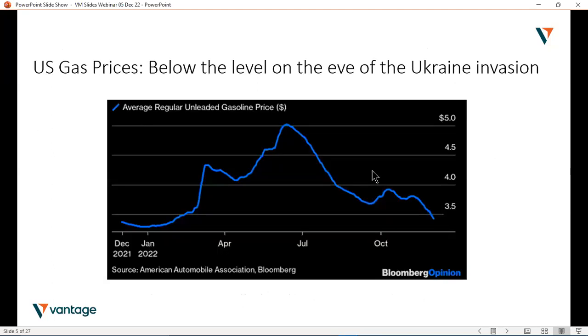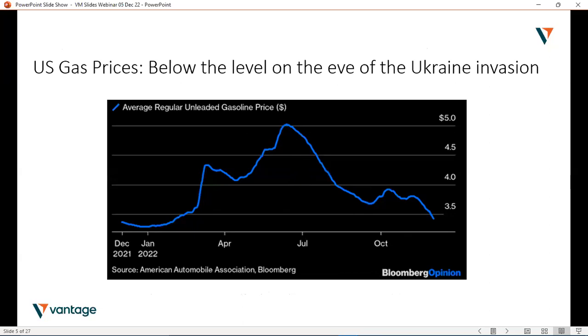Also, a chart always interesting to follow is gasoline prices, probably the single most important outlier in inflation. That's been falling, of course. We were at $5 just ahead of summertime, and that's fallen down to below $3.50, below the level on the eve of the Ukraine invasion.